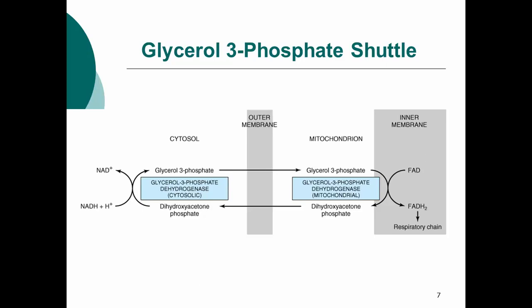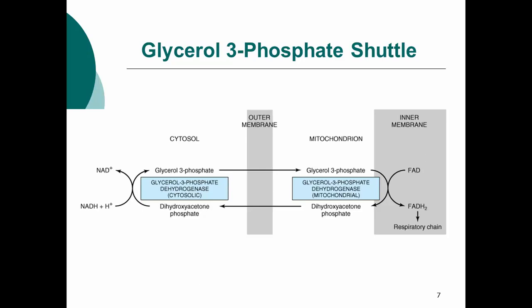For making ATP you have to go to the electron transport chain, which is in the mitochondria. So the NADH just can't pass through, and the electrons can only be transferred to FADH2, not another NAD. That is the case with the glycerol shuttle.